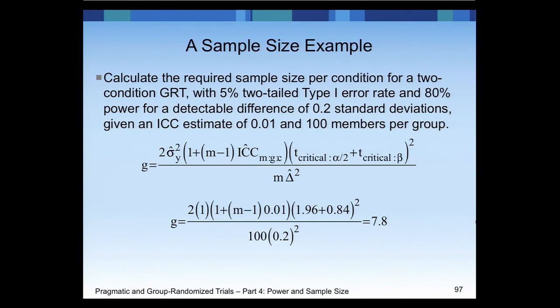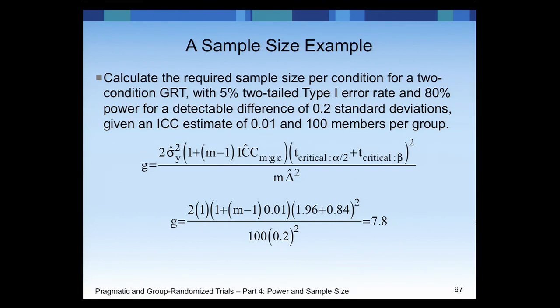Here we're going to make the same assumption in terms of the type 1 and 2 error rate, 5%, 80% for power, and the same magnitude intervention effect, 0.2 standard deviations. We're going to start with, because we have to start somewhere, an intraclass correlation of 0.01 and 100 members per group. If we drop those values into the formula and do the math, the value that we get for a result is 7.8. We always round up, so 8 groups per condition.